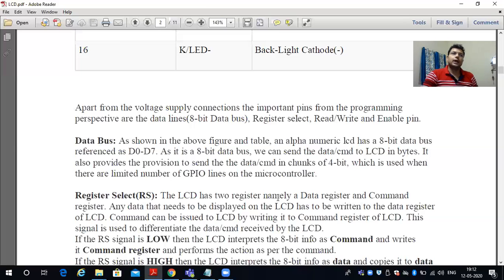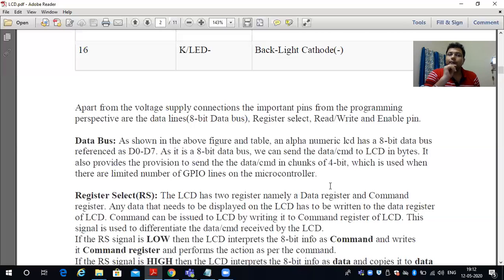But as we all know, there is a shortage of pins on our kit, so we always want to efficiently utilize our pins. So in this situation, we will use the 4-bit mode of operation. In 4-bit mode, the data lines D0 to D3 are not going to be used. The subsequent data lines D4, D5, D6, and D7 will be used for this purpose. So we require in total just 4 pins.